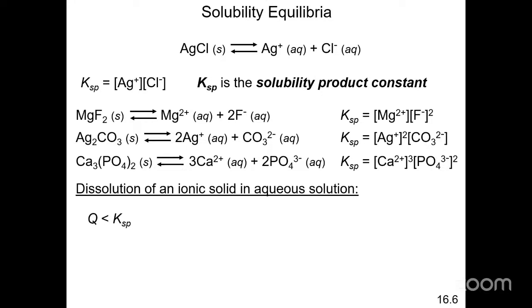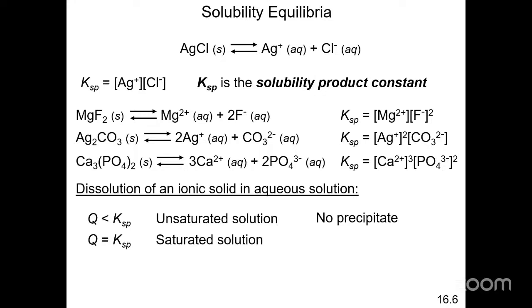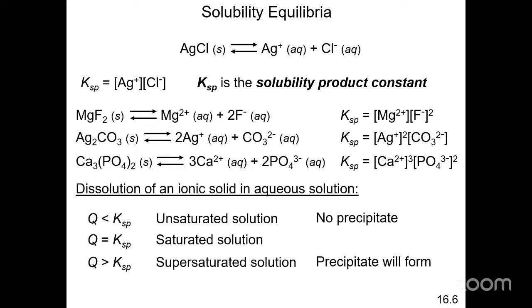If Q is less than Ksp, there'll be no precipitation, so you just have an unsaturated solution. If Q is equal to Ksp, then we have what is called a saturated solution. But if Q is greater than Ksp, then you'll have a supersaturated solution, which is very unstable, and therefore you'll have the spontaneous formation of a precipitate as a result.